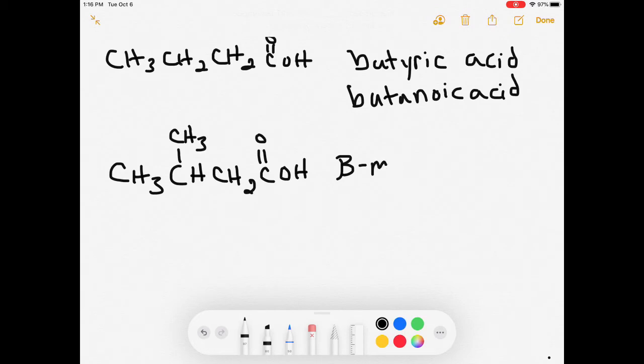So beta methyl butyric acid. So a little bit different, but I wanted to go through that with you just because the common names are used quite a bit.